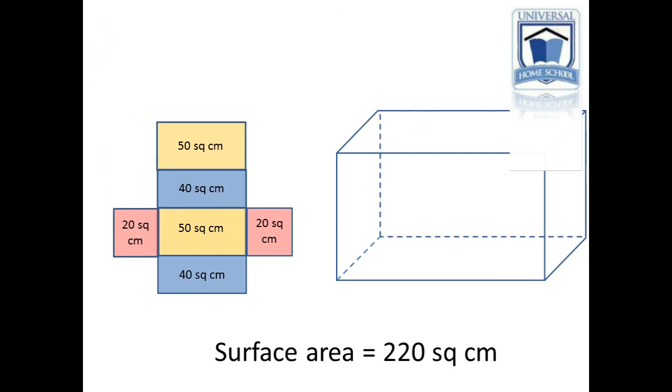Now if we want to look at it as a net, if this was made out of cardboard and I decided to break it up and put it flat on the table, it would look something like this. So I find out the area of all of the faces in this prism.